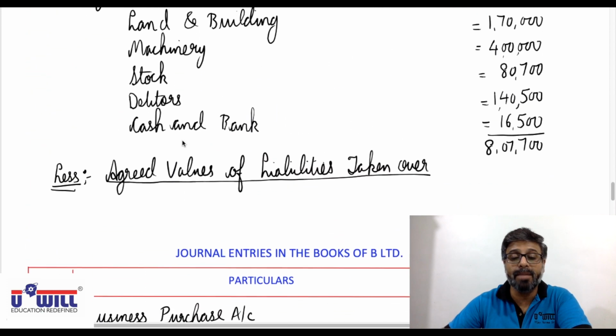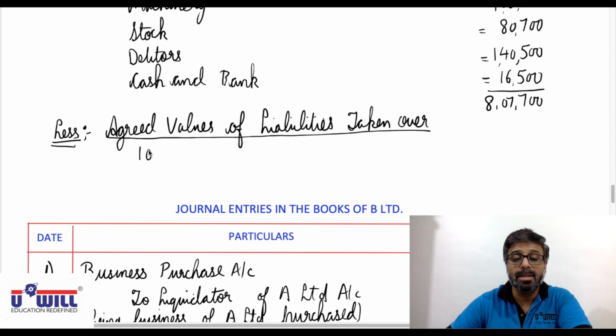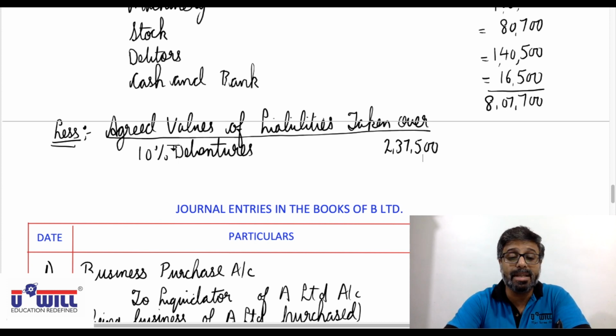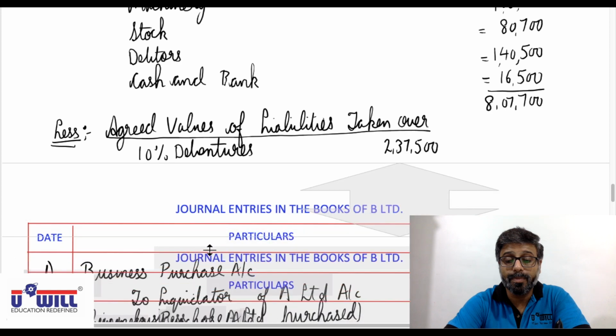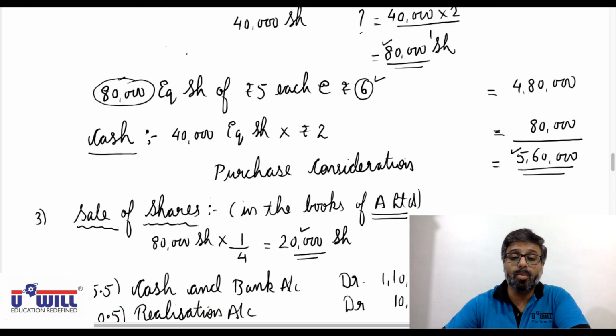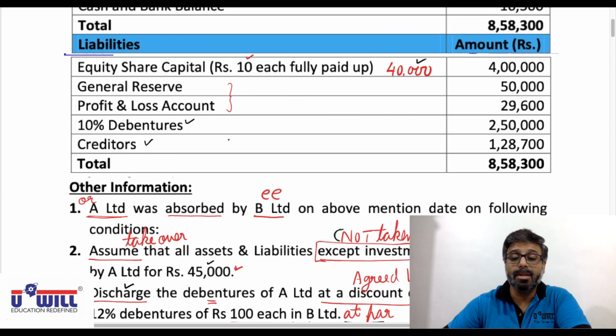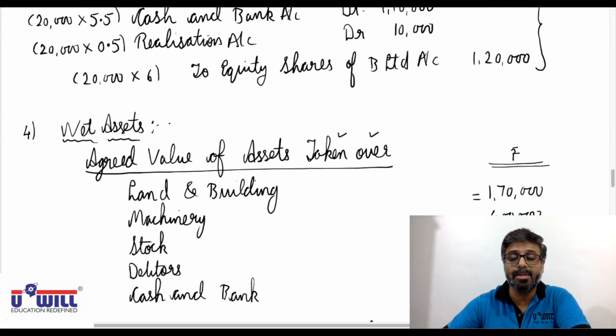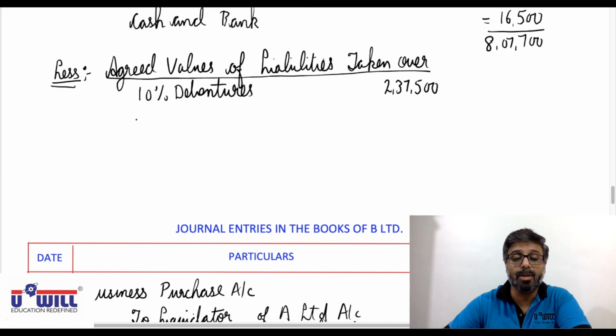Okay, 10% debentures 2,37,500. And creditors are taken at book value itself. So what are creditors in balance sheet? 1,28,700. Okay, creditors 1,28,700.